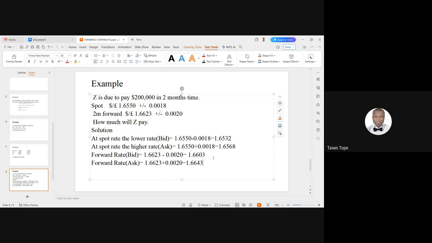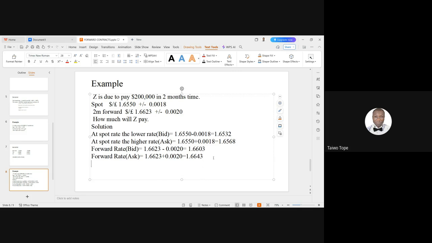At a lower rate, because you need to buy dollars at a lower rate, because when you buy dollars at a lower rate, it will give you the value you need in terms of pounds.